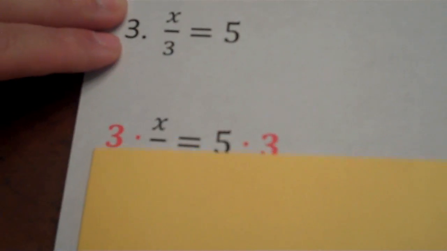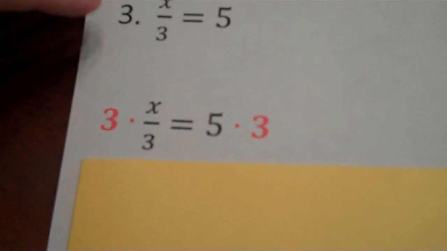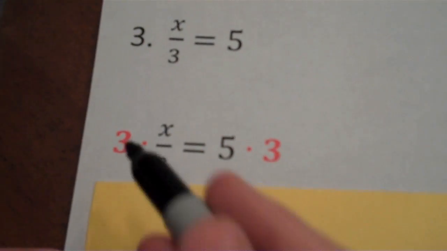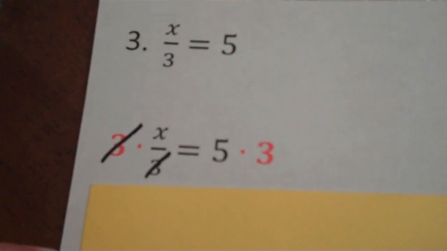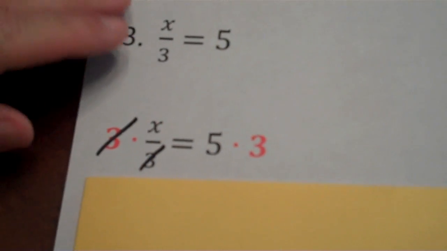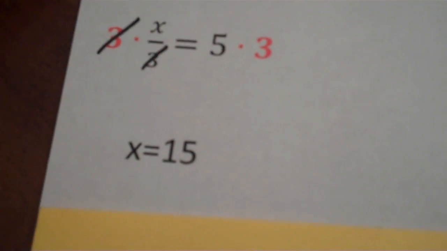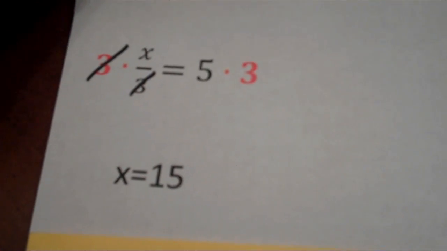So I will multiply both sides of my equation by 3. In this case, again, my 3's cancel, and I have x equals 5 times 3, or in other words, x equals 15.